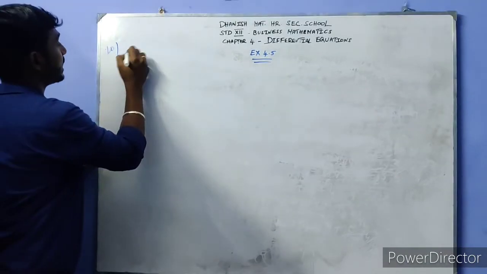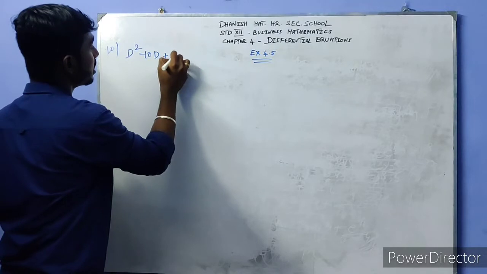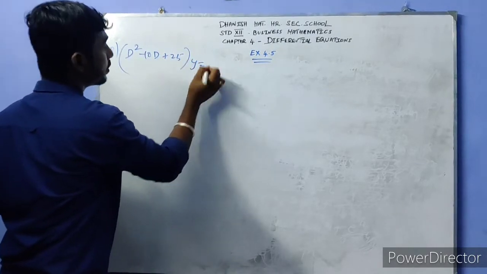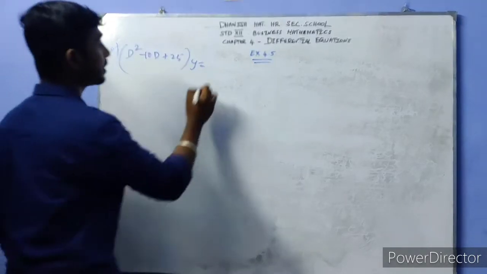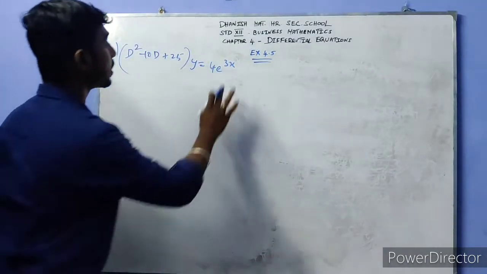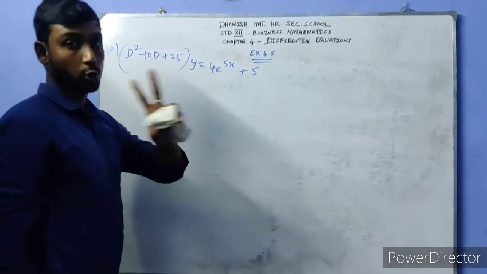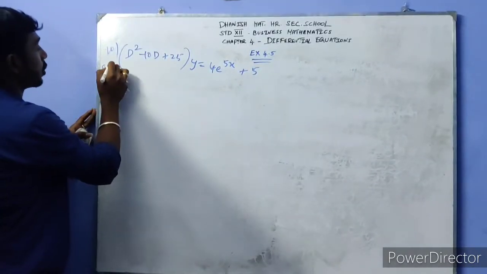What is the question given here? D square minus 10D plus 25 y equal to, and on the RHS there are also two functions given: 4e power of 5x plus 5. Let me see how to solve this sum.